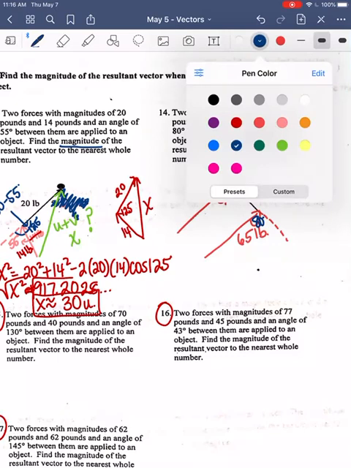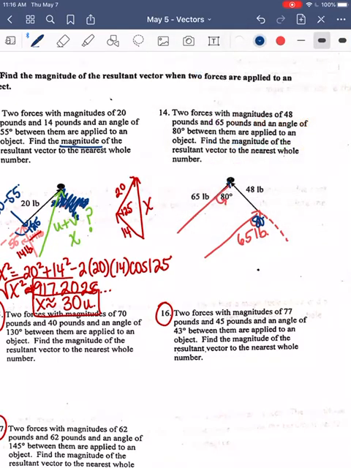All right, now I am going to mark this out. And my resultant is going to go here. And so if 80 is here, this angle should be 100. And now I can do law of cosines.